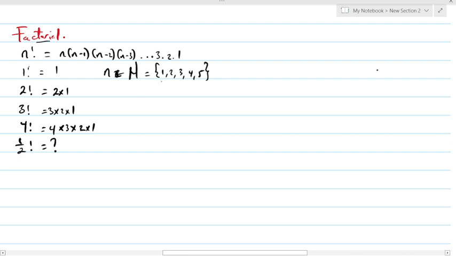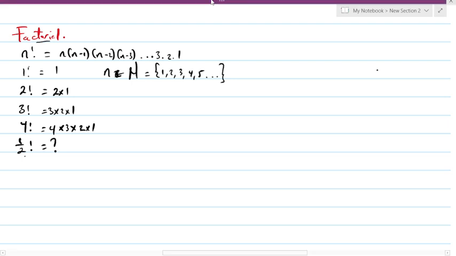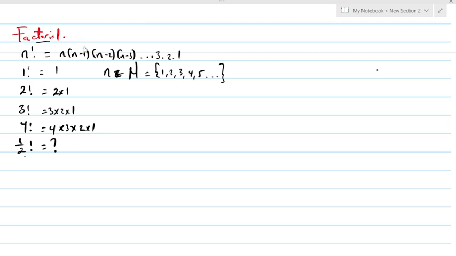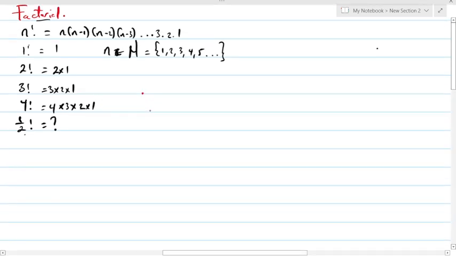So what will happen when our n is now a fraction? That is the question. What will be half factorial? So you can see that this matter of fractional has been a long time challenge that mathematicians have been facing.